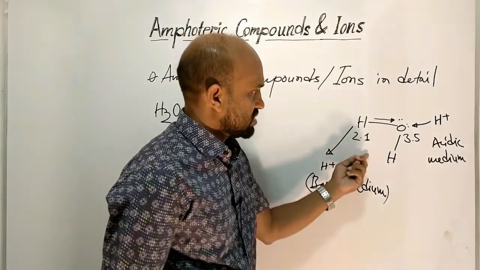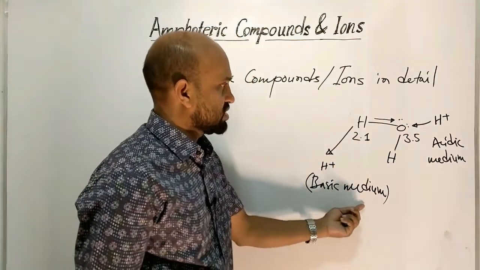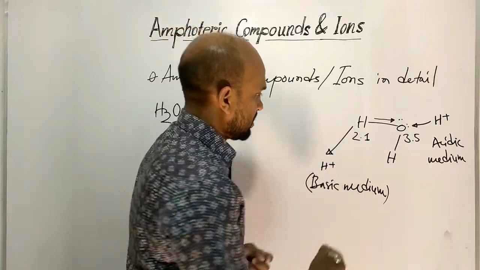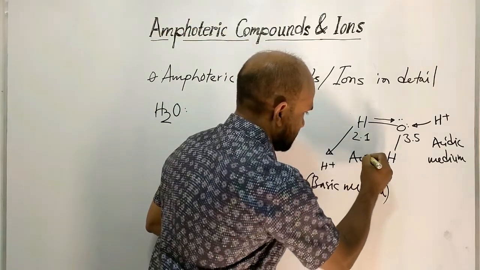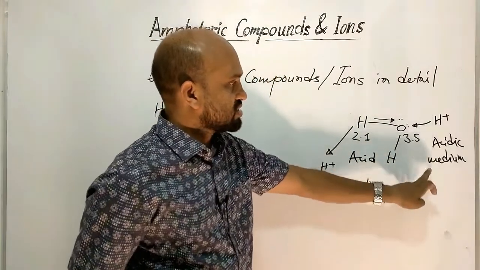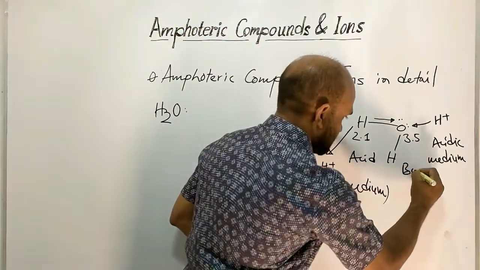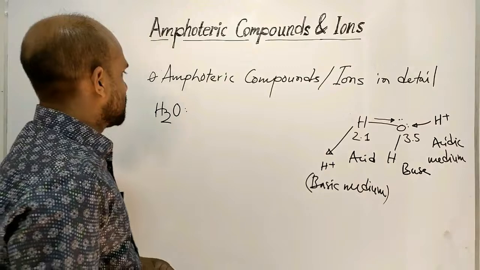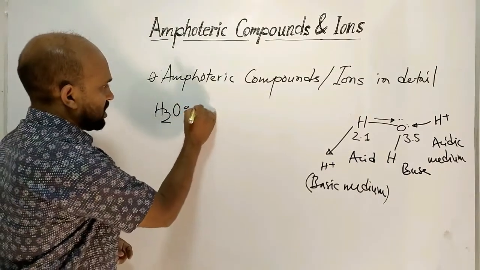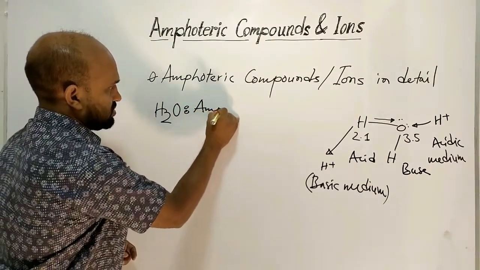So we can say that in basic medium, water can act as acid, and in acidic medium, water can act as base. So water is a kind of amphoteric compound.